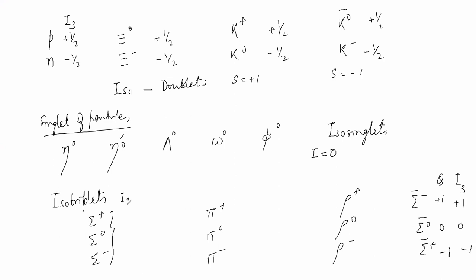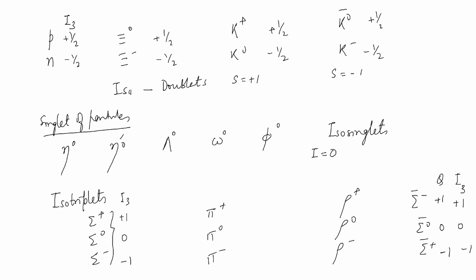Therefore, here I3 will be plus 1 for this, 0 for this and minus 1 for this. But for sigma minus bar, sigma 0 bar and sigma plus bar, the charge has been reversed and therefore the projection we have to assign very carefully.